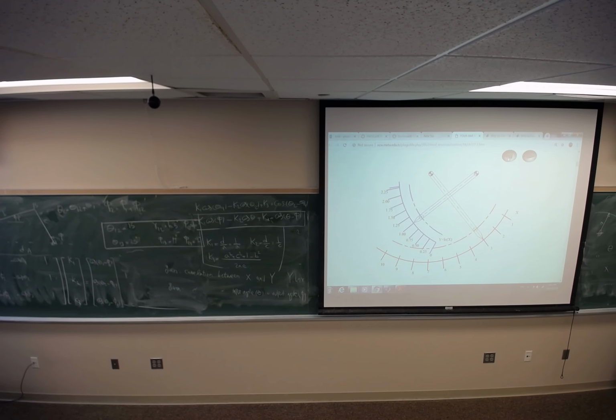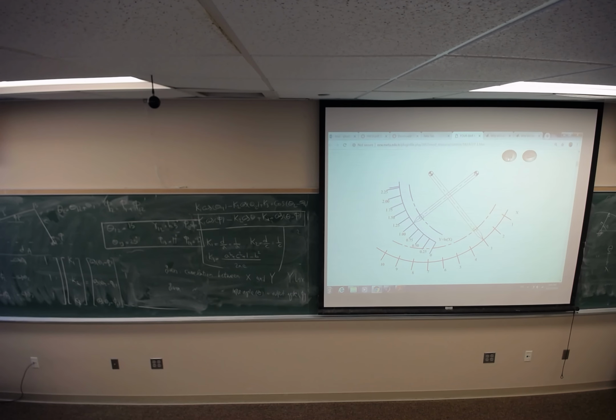What we are going to do is find a correlation between theta and x. As you see, theta and x have a correlation, so when theta is changing, x also is changing in a specific pattern. And also find the correlation between phi and y.